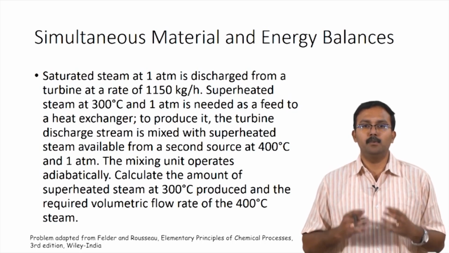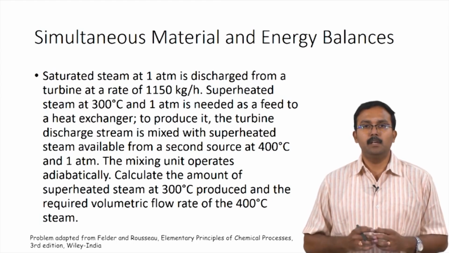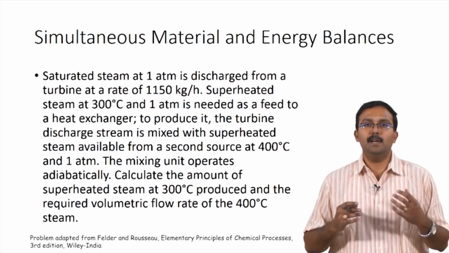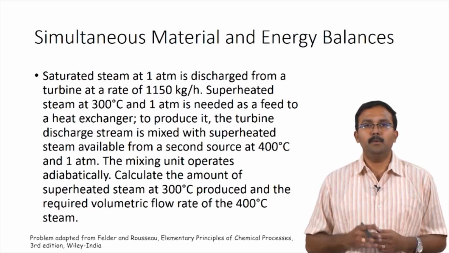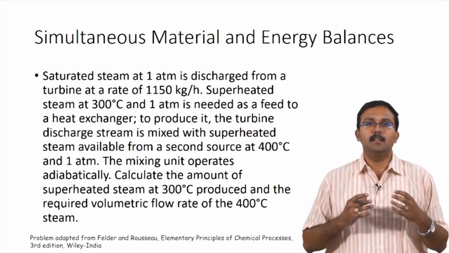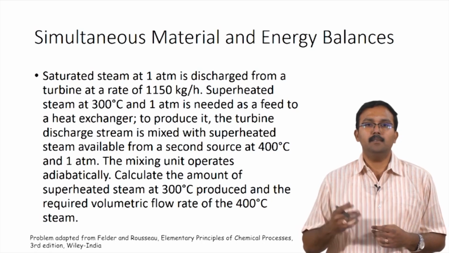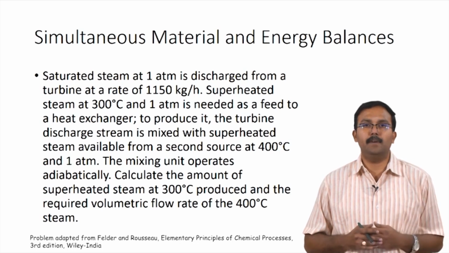Calculate the amount of superheated steam at 300 degrees Celsius produced and the required volumetric flow rate of the 400 degrees Celsius steam. So, here unlike the previous problems which we looked at for energy balances, we have not been asked to calculate change in enthalpy or heat. However, we have been asked to calculate the mass of superheated steam produced and the volumetric flow rate of superheated steam which is required to be fed.